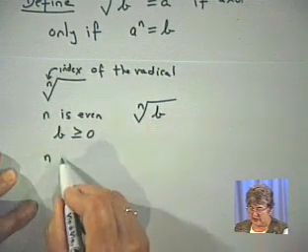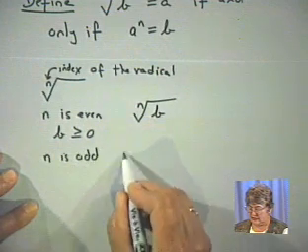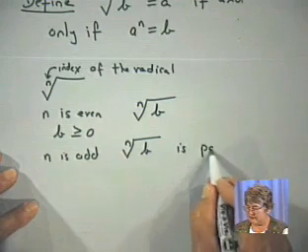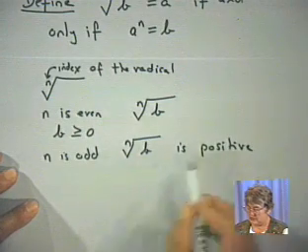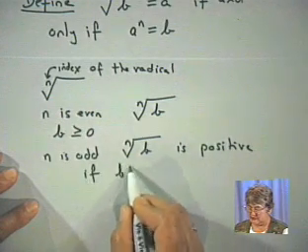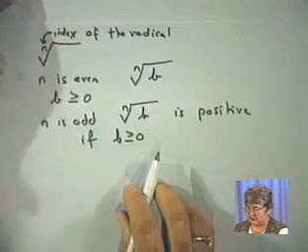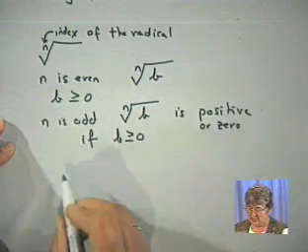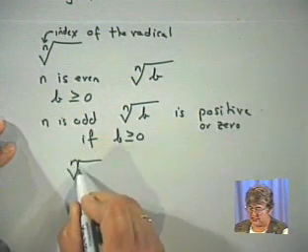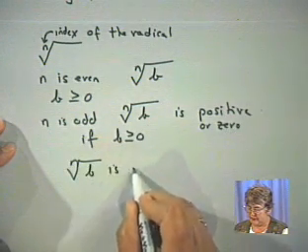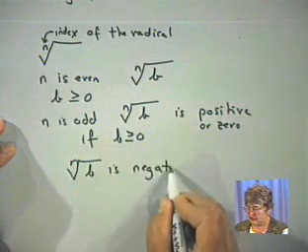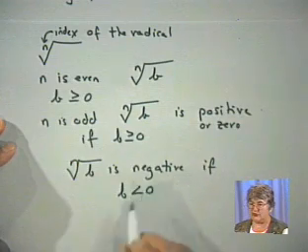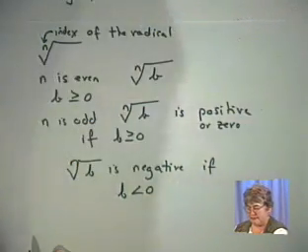If n is odd, then the nth root of b is positive if b is positive or 0, and the nth root of b is negative if b is less than 0, if b is negative. Okay?